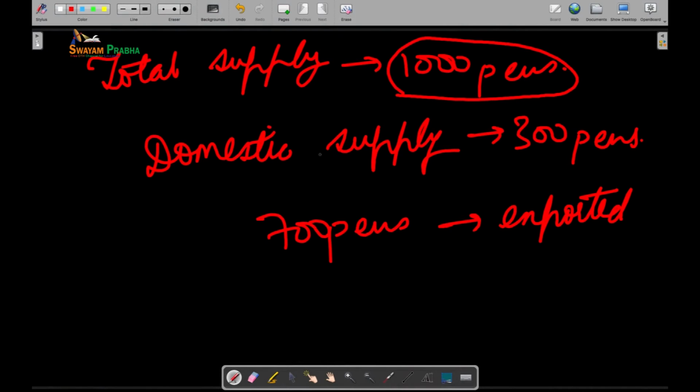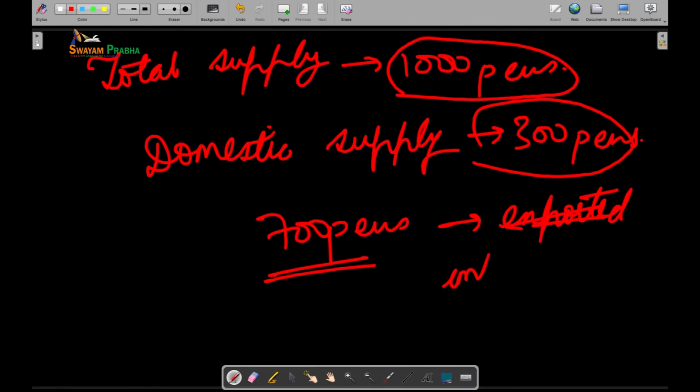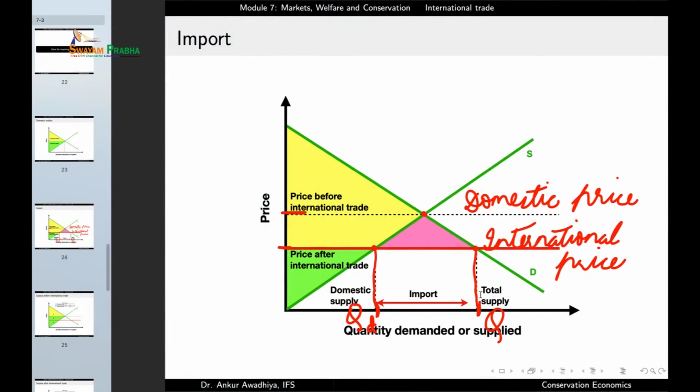The domestic supply is 300 pins. So total supply in the domestic market is 1000 pins, out of which only 300 are being supplied by the domestic producers. So the rest of these 700 pins will be imported. This difference between Q and QD is telling us the amount of import.